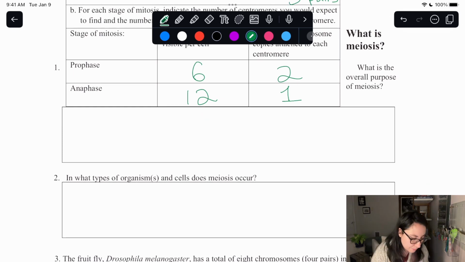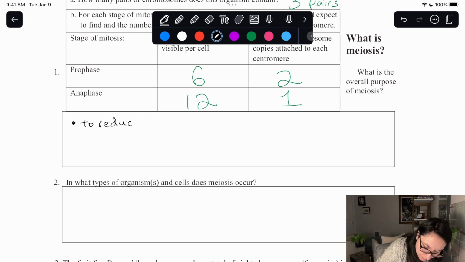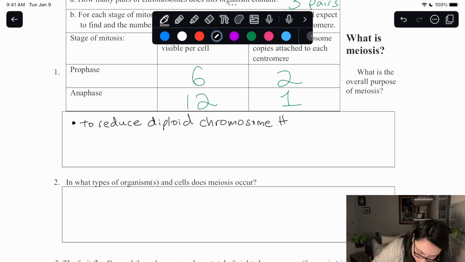Then it says down here, what is the overall purpose of meiosis? Sorry for things looking a little weird with this guy over here. Oopsies. So, what is the overall purpose of meiosis? Make a bullet point right here. To reduce diploid chromosome number by half.